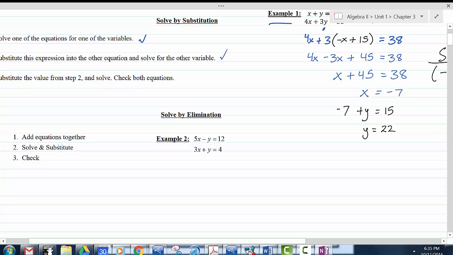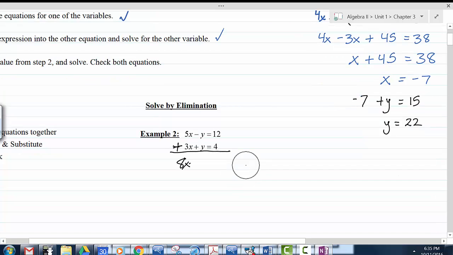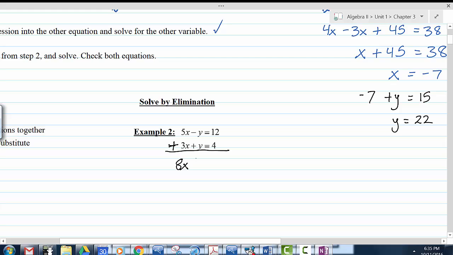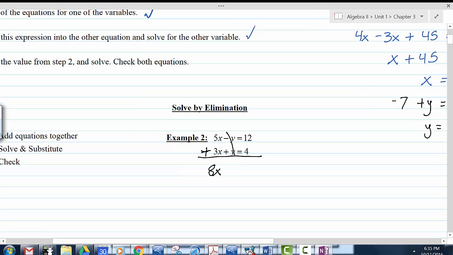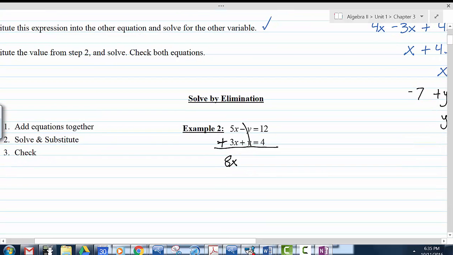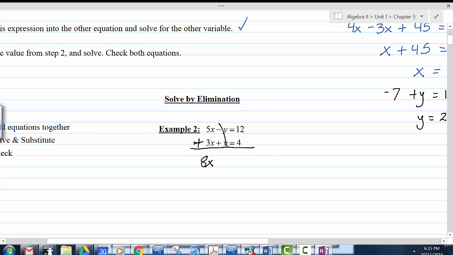If I add those equations together, 5x plus 3x is 8x. The negative y and the positive y cross out. The reason we add them together is so we can cross out one of the variables.